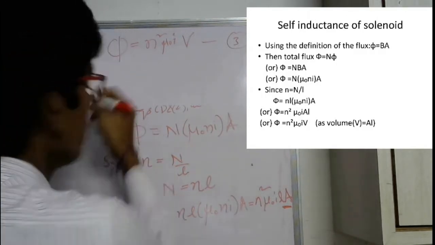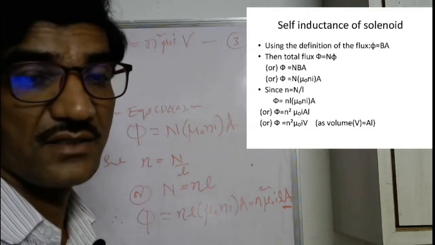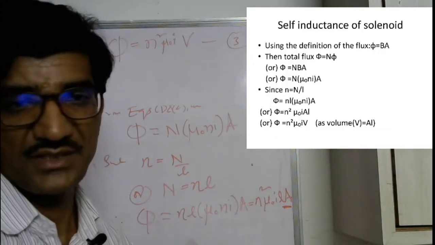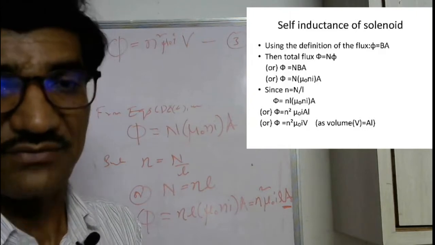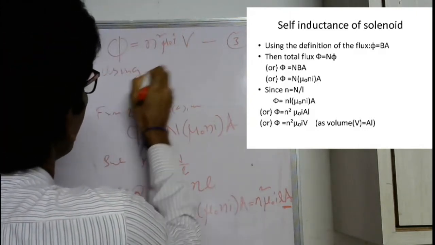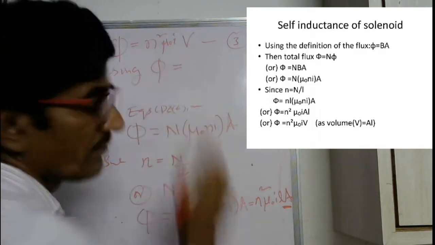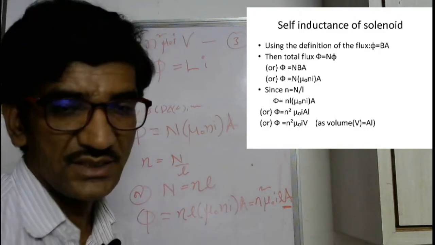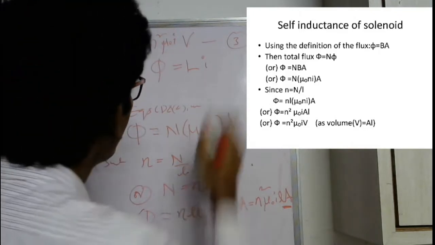Now you want self-inductance. There is a relation between Phi and L. I am using that relation to get L from Phi, using Phi is equal to L I. Just now we studied this equation.